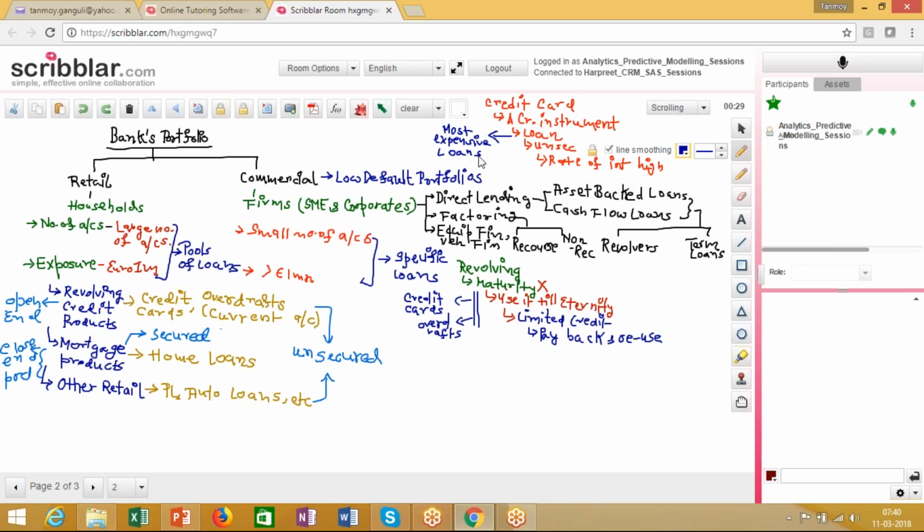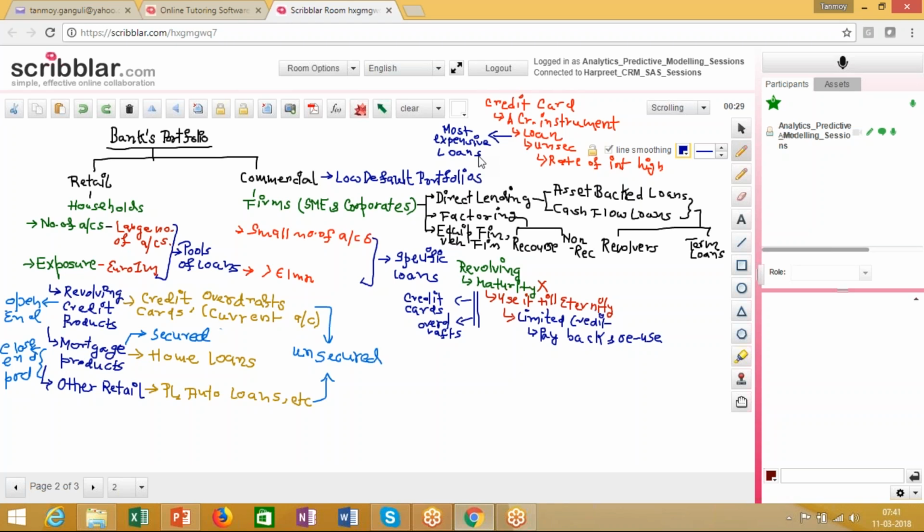That is what will help you develop your model and capture the essential sources of risk. So the first question that comes to my mind is, what are the most important characteristics of a credit card? What makes credit cards so different from others?